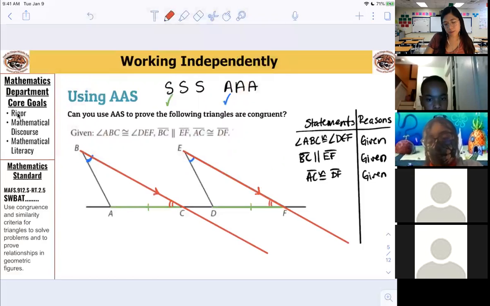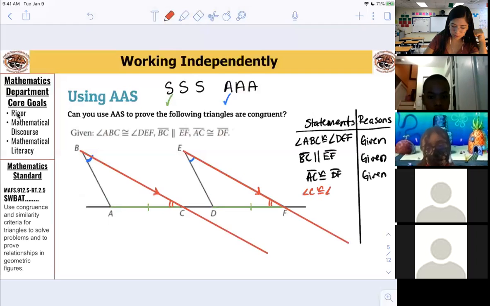C and F. Look carefully. You might have to rotate your screen a little bit or rotate your head a little bit. What is the relationship between angle C and angle F? Good job, Tyrone. Those are corresponding angles. So what's the theorem that I could use? What's my theorem?